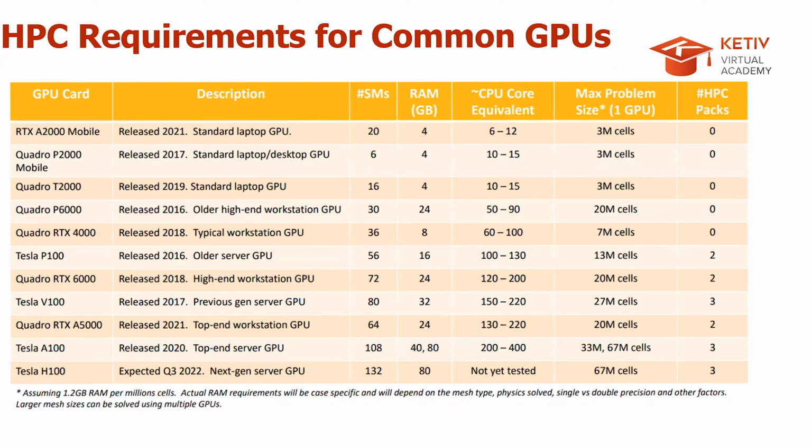We can also tell you how to check how many streaming processors you have on your machine, or if you should leverage either one or more than a single GPU for doing your simulations. So we can provide you some more information if you need any guidance in that particular department.